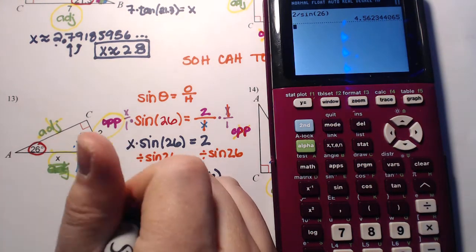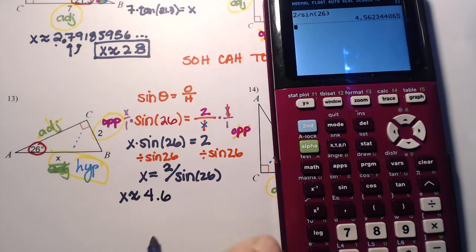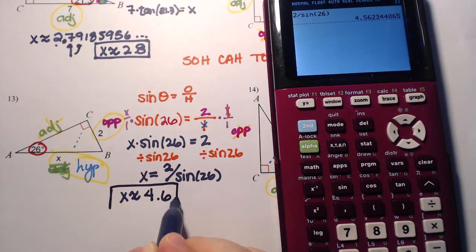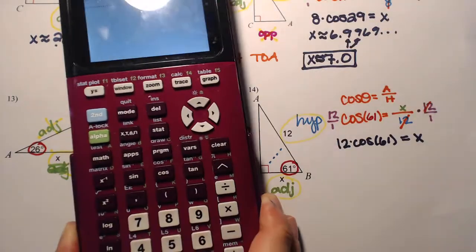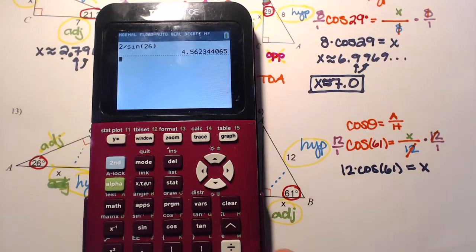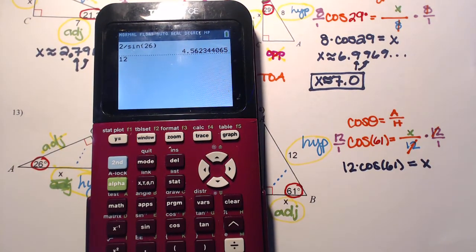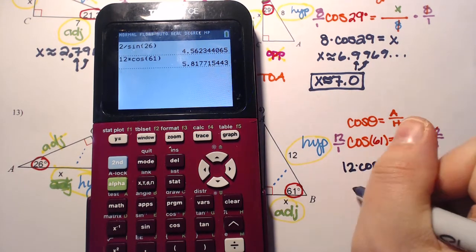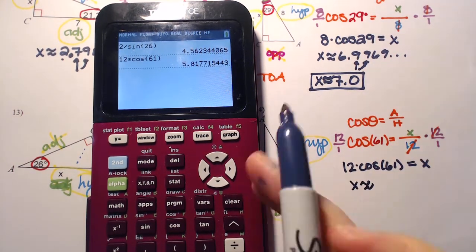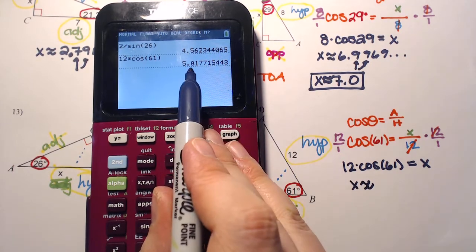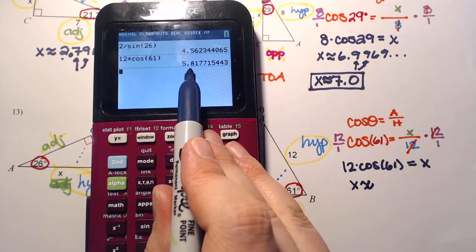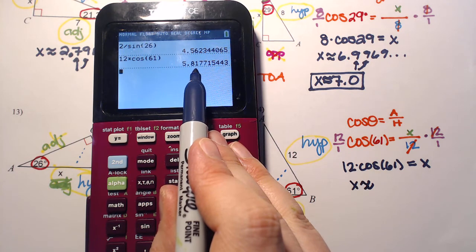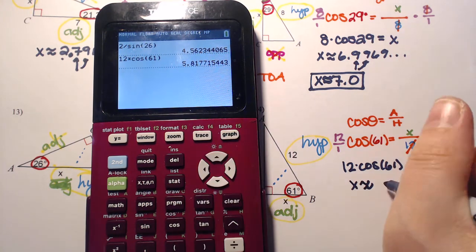So I have 4.6. And then on this one, we just type in 12 times cosine of 61. I'm rounding to the tenths place, so that 8, I'm going to look next to it. 1 is smaller than 5, so the 8 is going to stay the same.